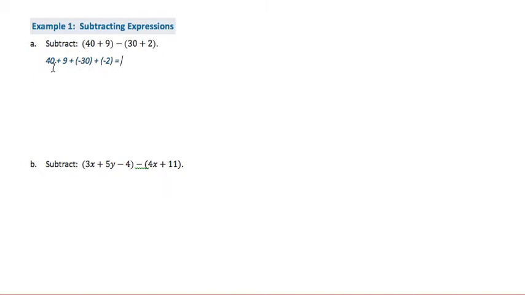Now when we do that, I'm just going to do some simple addition, and we can add in any order. In this instance, I'm going to rewrite it as 40 plus negative 30, because those are easier to combine, plus 9 plus negative 2.